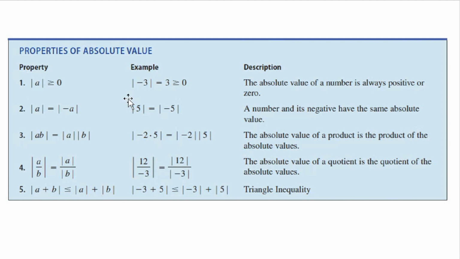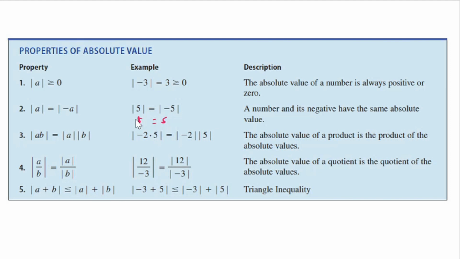Number two, the absolute value of A is equal to the absolute value of negative A. That property says a number and its negative have the same absolute value. So if you take the absolute value of 5, the answer is just 5, and the absolute value of negative 5 is also 5.